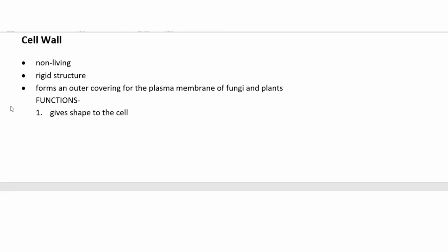We already talked about cell wall when we discussed prokaryotic cells, and here same thing again. Let's recap. It is non-living. That's the one point we missed out. So remember, cell wall is non-living. It's a rigid structure found as an outer covering in plants, animals, and all prokaryotes except mycoplasma.